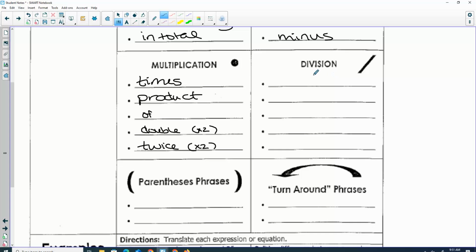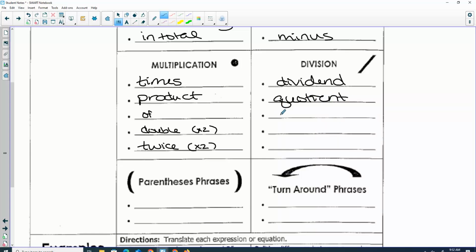What could be some things that mean division? What else? Quotient means divided by.